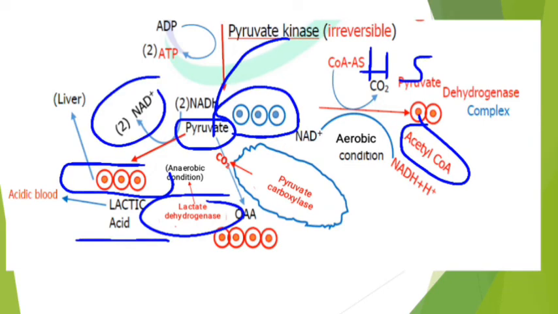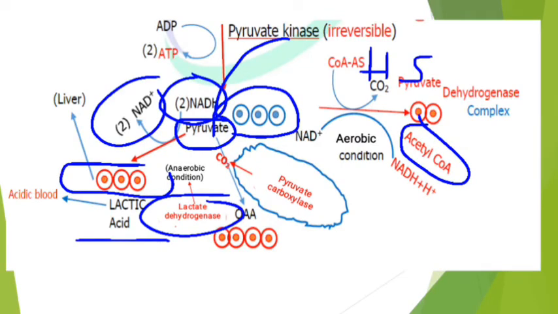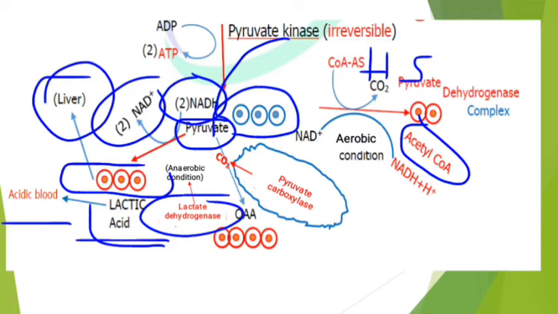The NADH and NAD plus from step 5 is then utilized. So, too much accumulation of lactic acid gives rise to acidic blood. Now, checking a blood sample, a high level of lactate dehydrogenase in the blood is an indication that there is a hepatic problem. So, do not take it for granted.